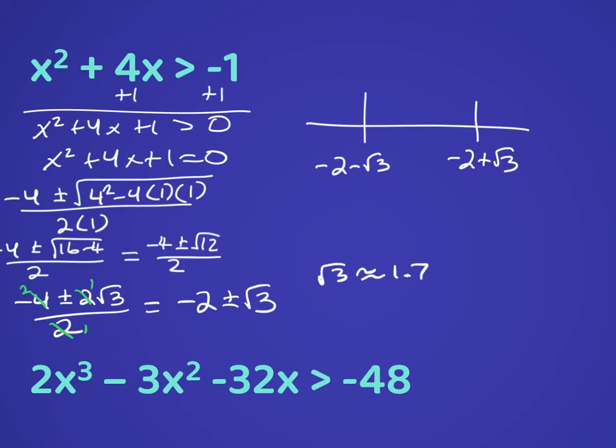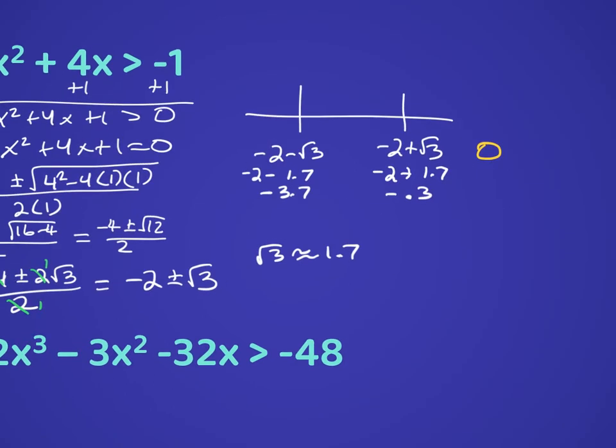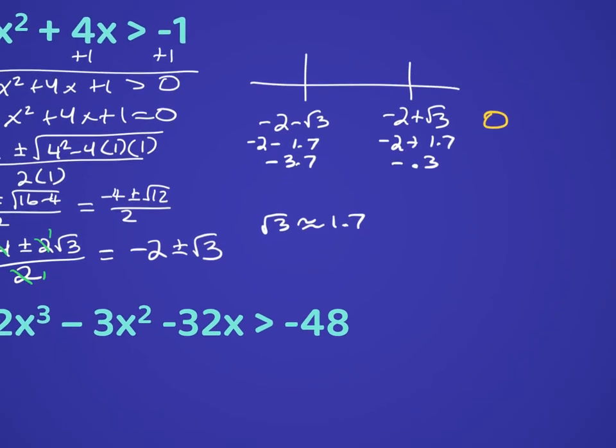So this is actually negative 2 minus 1.7, so this is negative 3.7. And over here, negative 2 plus 1.7, and this is going to be negative 0.3. So my 0 in this problem isn't in the middle, it's actually located over here. You guys can't see that. So my 0 is the far right section.